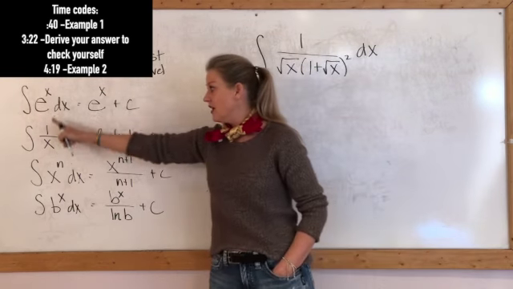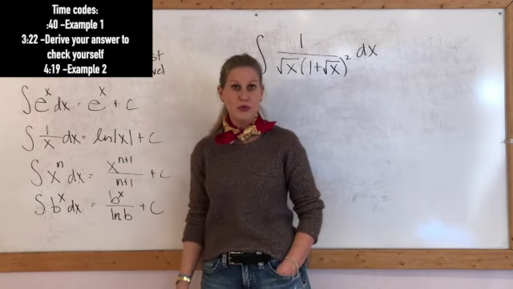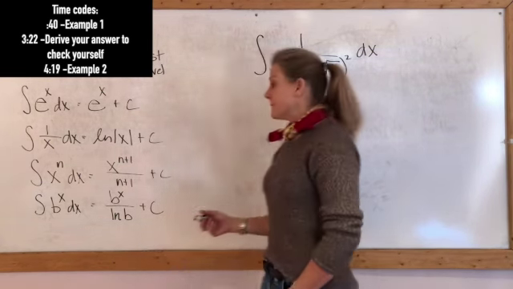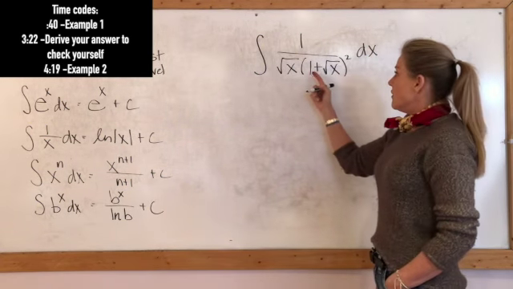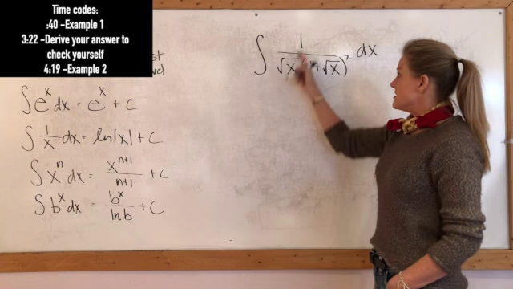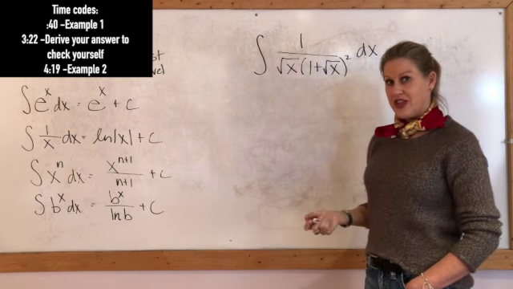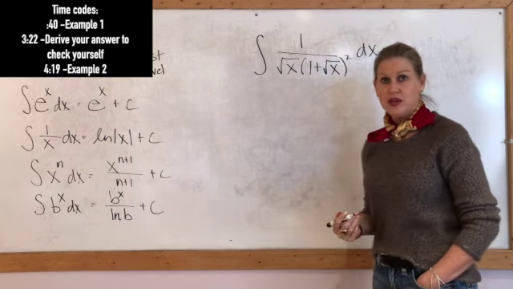So I want it to follow one of these simple patterns thereabouts. So in this case, one of these is going to be the derivative of the other. That's how I can identify what u is.